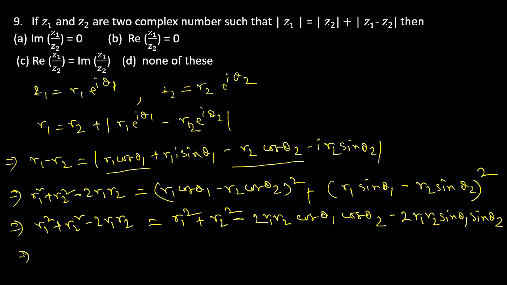So we have minus 2 R1 R2 equal to minus 2 R1 R2 times (cos theta 1 cos theta 2 plus sin theta 1 sin theta 2). So we can write it as cos (theta 1 minus theta 2).